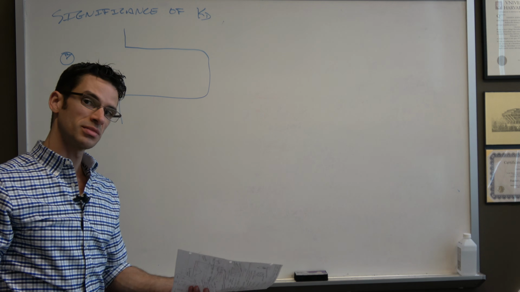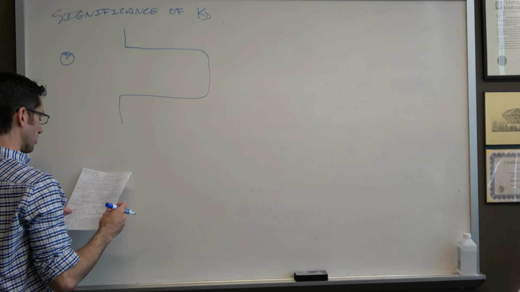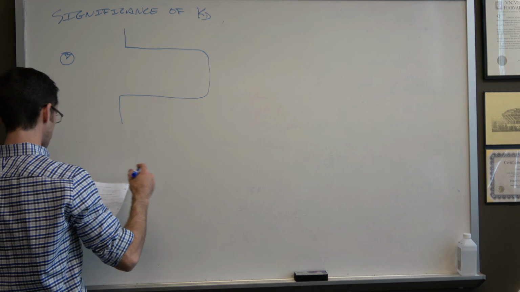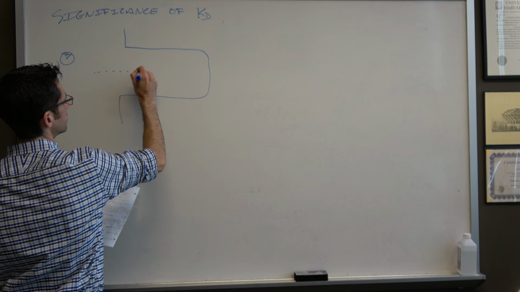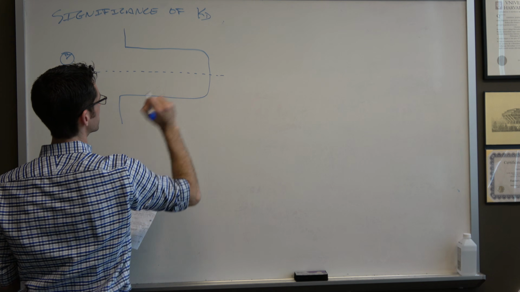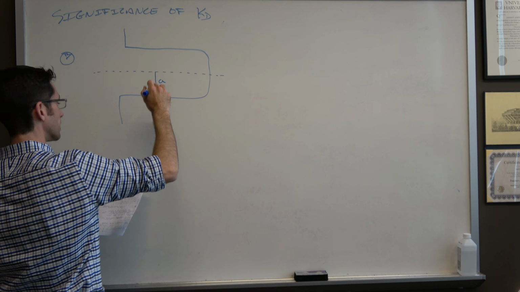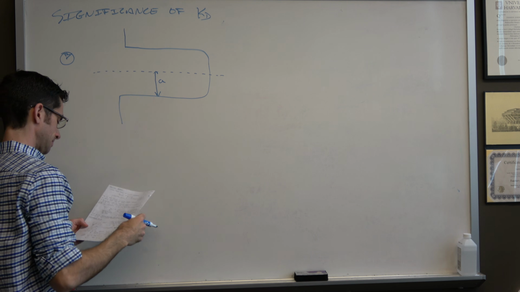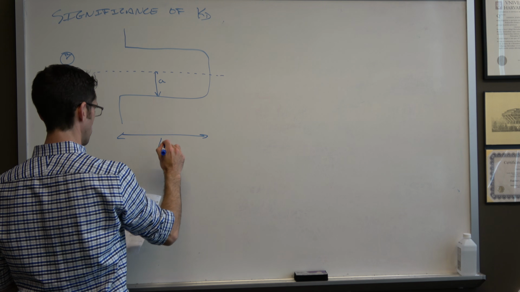This could be something like the radius of gyration, r sub g, that we talked about last time. The diameter of this cylindrical pore we will call A, and the length of the pore we'll call L.